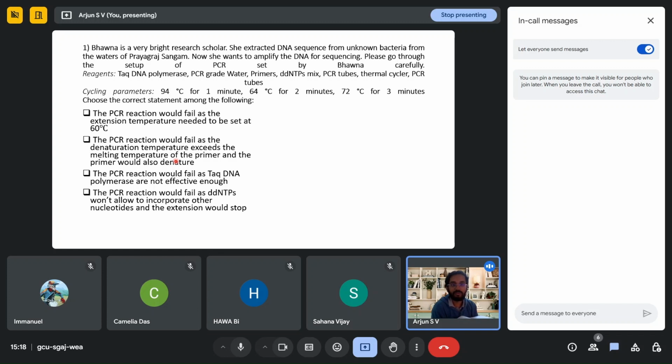The way that we'll be going over this answer is go over the options, see if it makes sense, and if the options do make sense and you can't find the error in this question, then you go over the reagents one by one and see if they really make sense in being used for PCR, or do they need to be changed slightly.